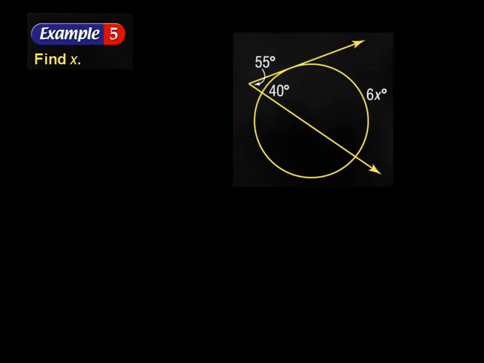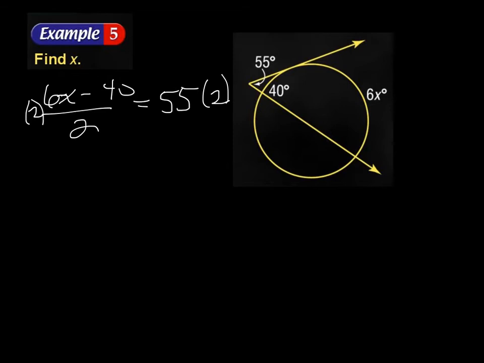We're using our big arc, 6x, minus small arc, which is 40, divided by 2 equals 55, the rule we established this lesson. We multiply both sides by 2, and times 2 divided by 2 cancels out.